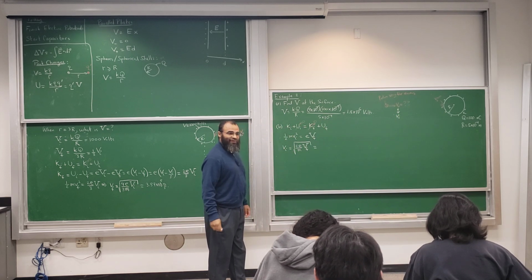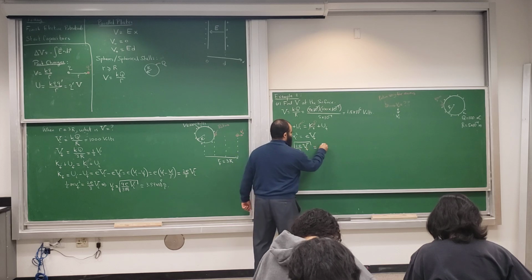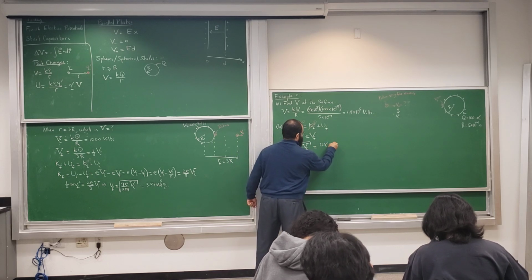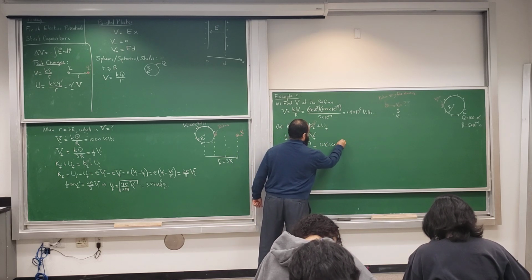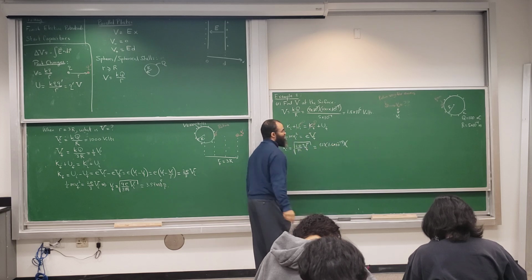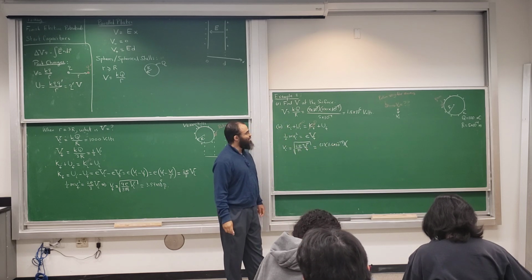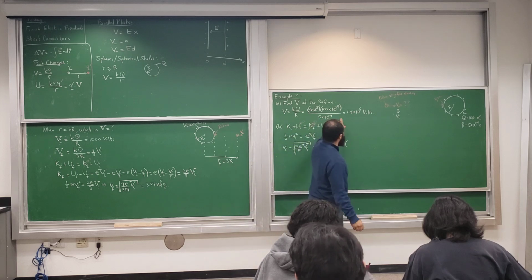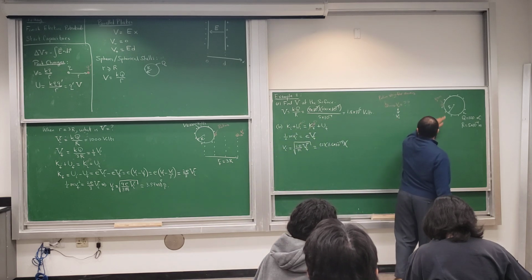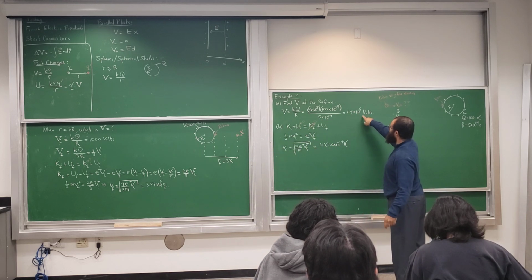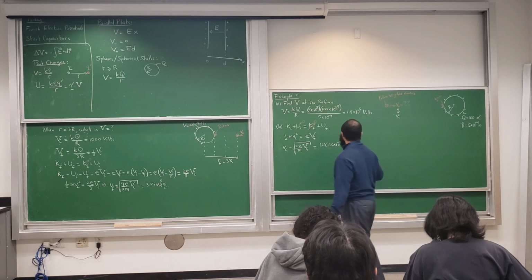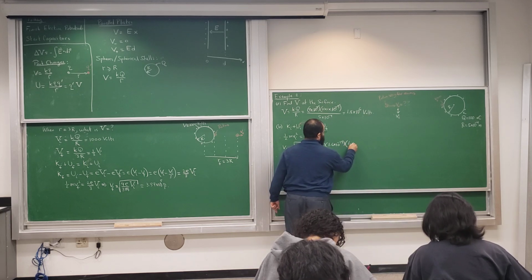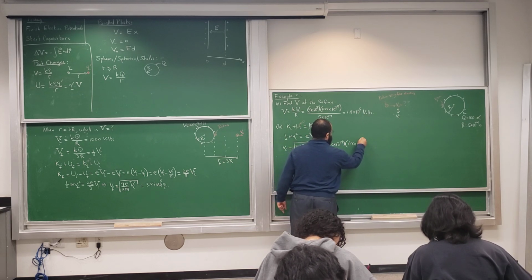So plug in the numbers. Let's plug them in. So 2 times 1.6 times 10 to the minus 19. What's the potential? V final, it ends up here at the surface, but what's the potential at the surface? It's this. We already found it. It's 1.8 times 10 to the 6.